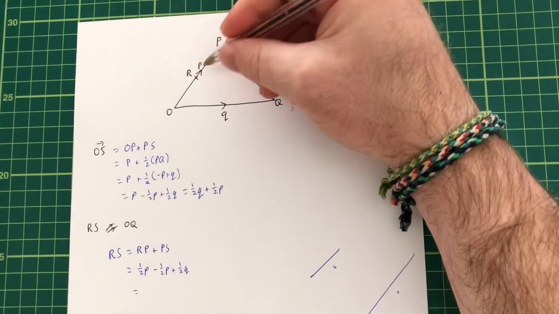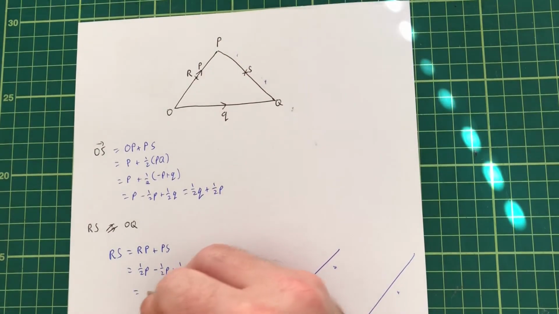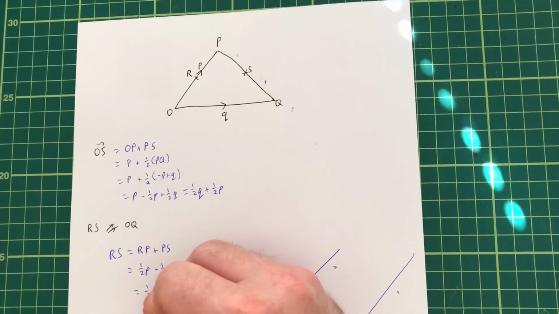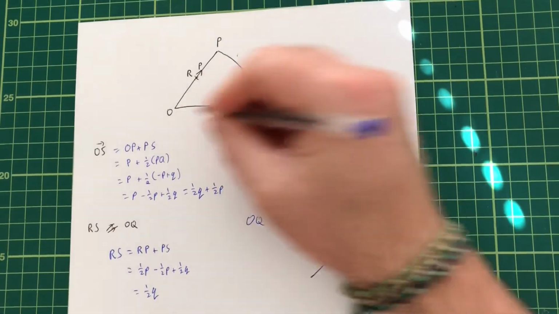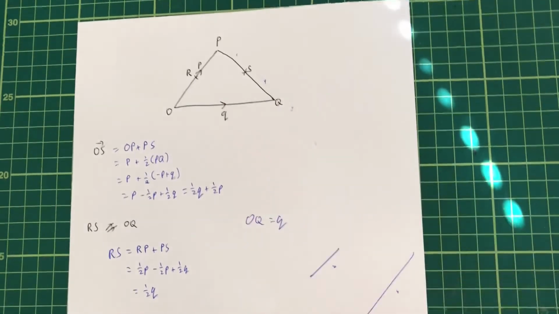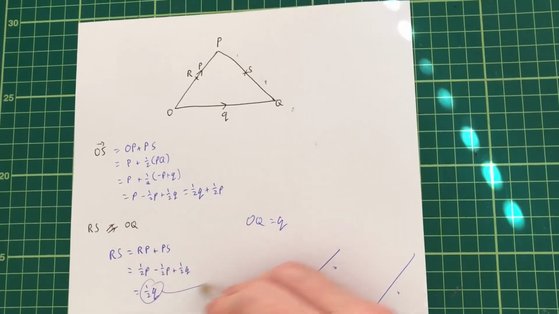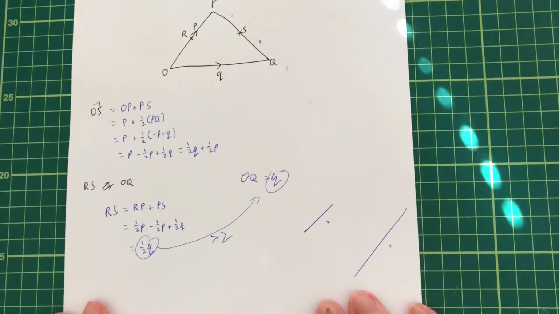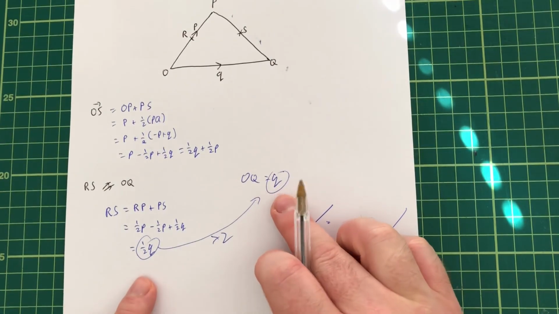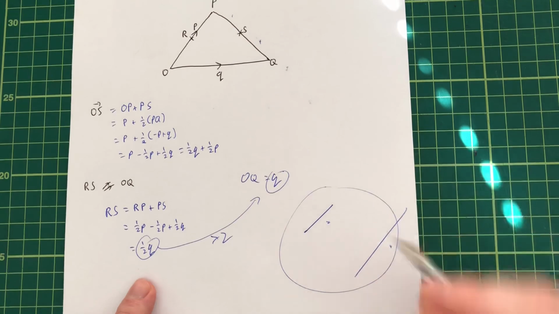So R to S is just a half q. Then we've got O to Q. Now O to Q is already q. So we can then see, times that by 2, and that will give us a multiple, and so therefore it's proved parallel.